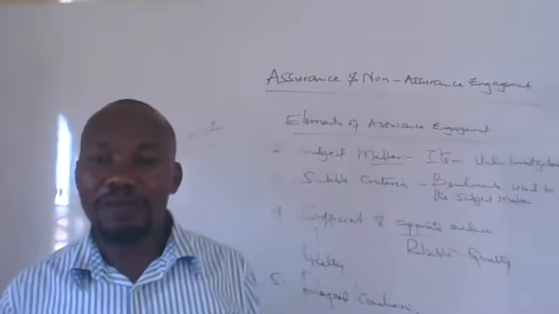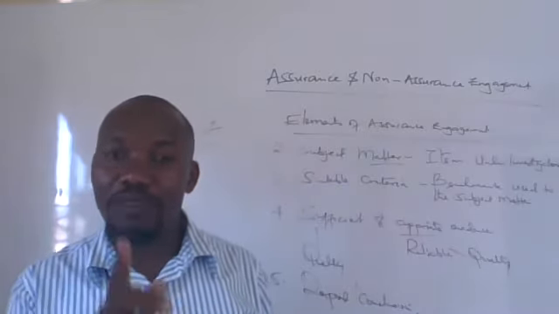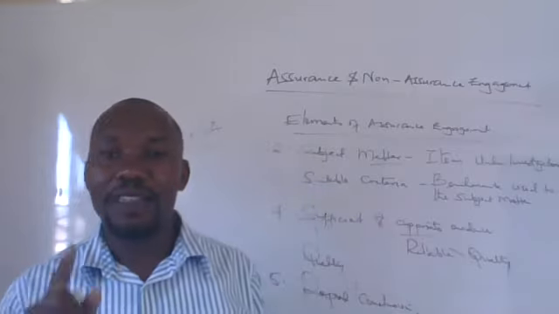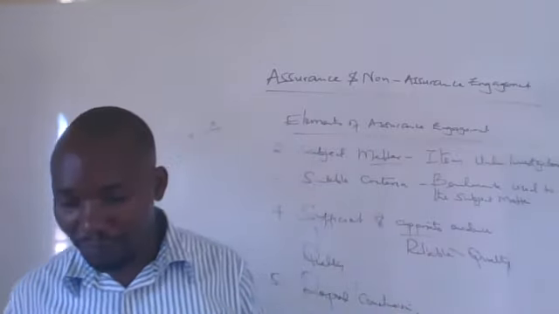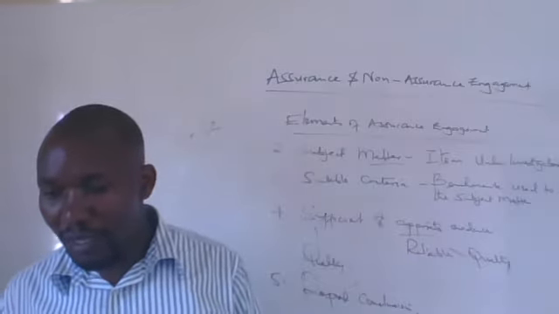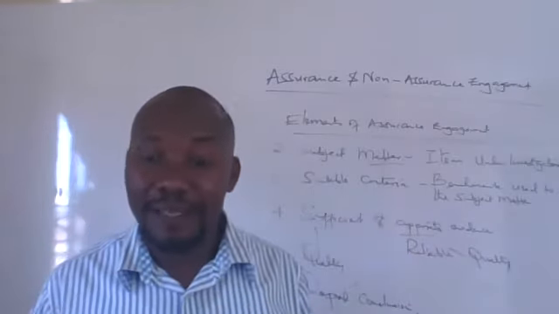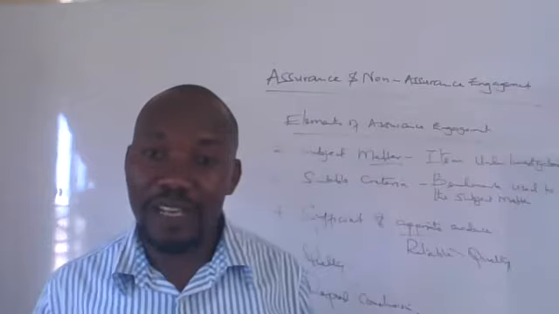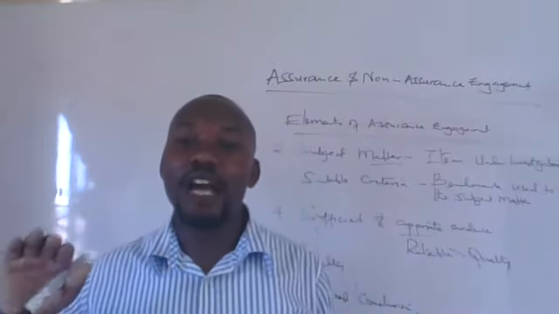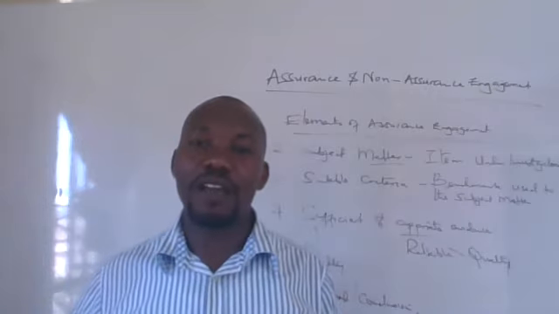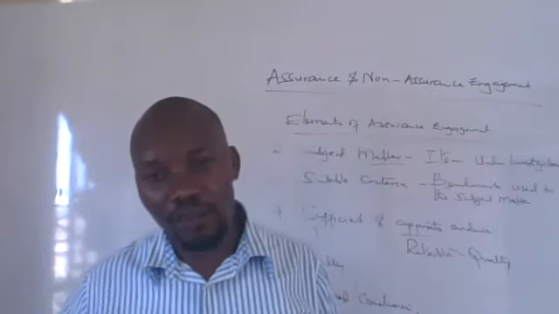The next difference between a review and an engagement, and by the way they ask these in exams, is that under review the audit risk is normally higher. So audit risk is the risk that the auditor can give a contrary opinion apart from the correct one.